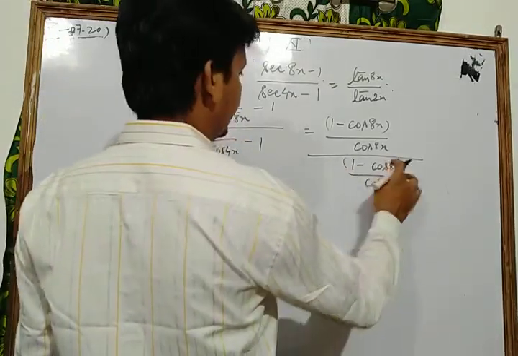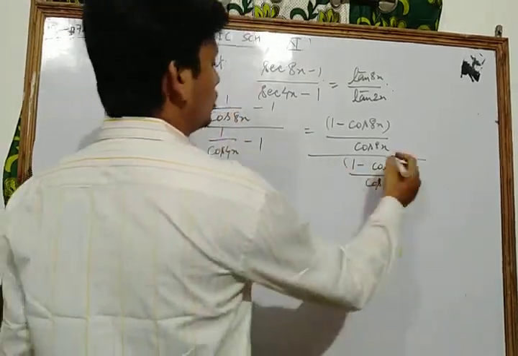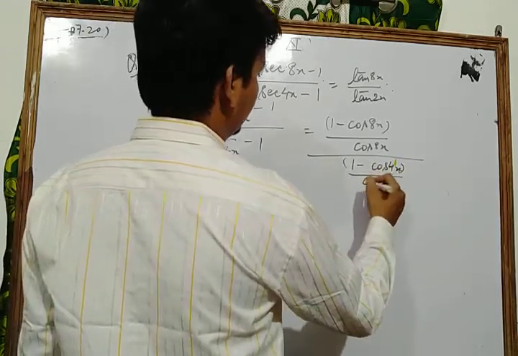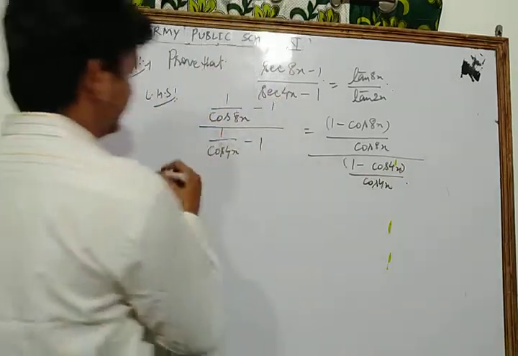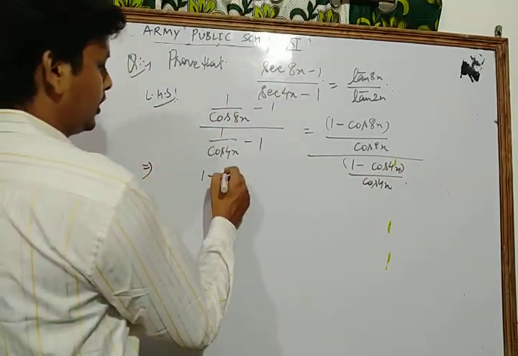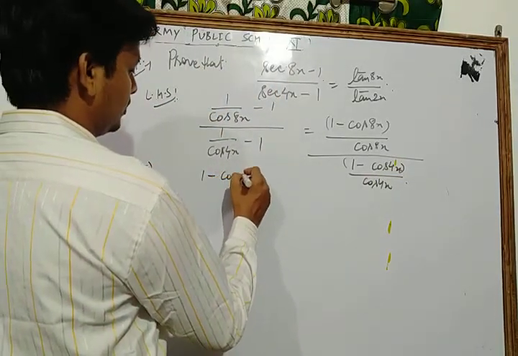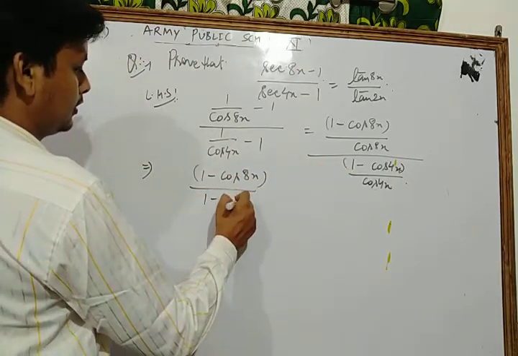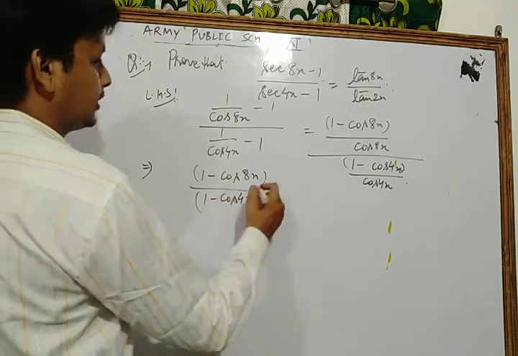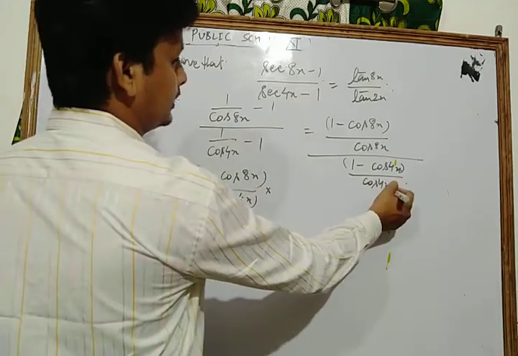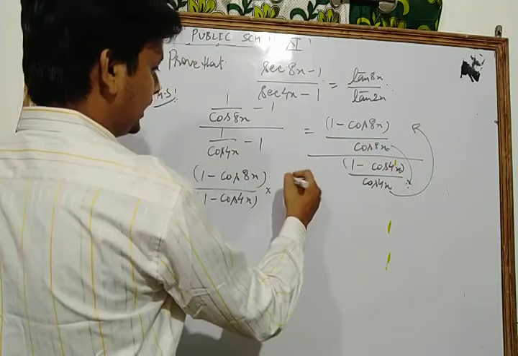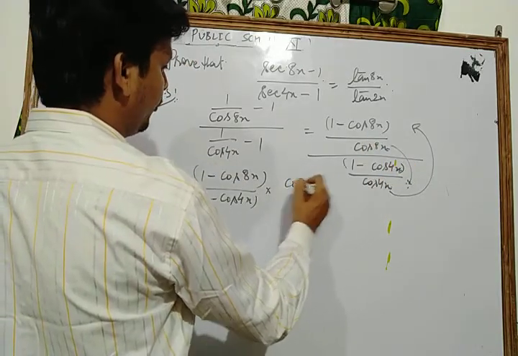We get 1 minus cos 4x, and we take cos 4x as LCM in the denominator. Now we get 1 minus cos 8x upon 1 minus cos 4x into cos 4x upon cos 8x.